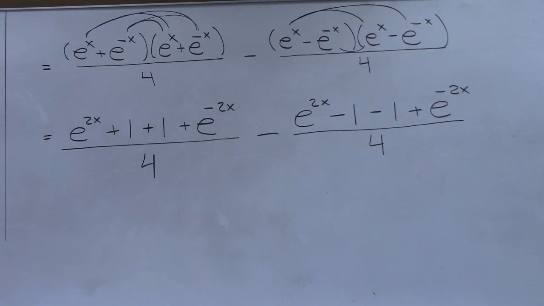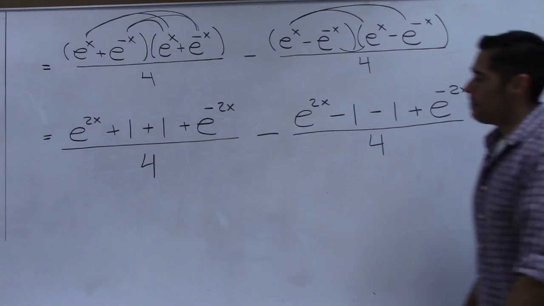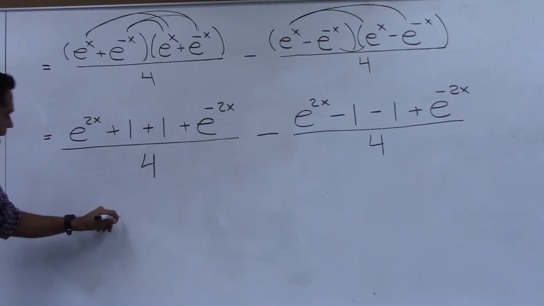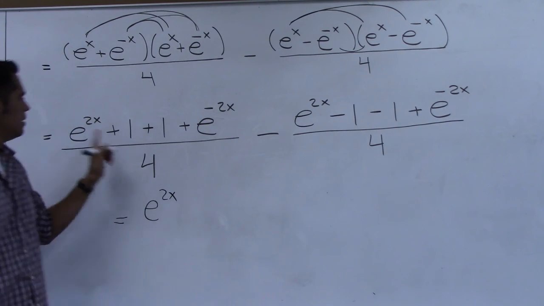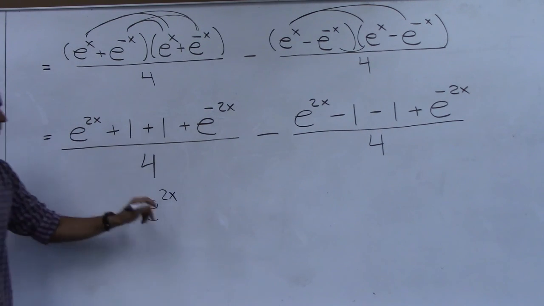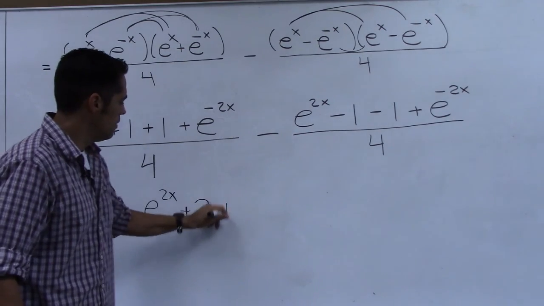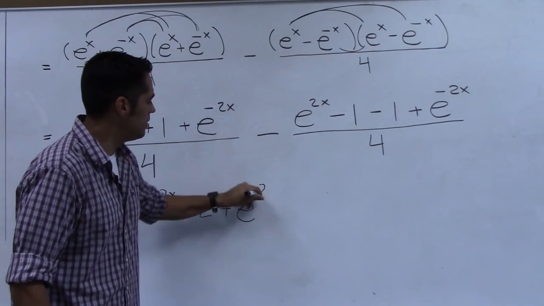And a lot of stuff's going to go away. I can put these together, can't I, into one fraction because they both have the same denominator. So if I do that, I will have e to the 2x here plus 2 plus e to the negative 2x.